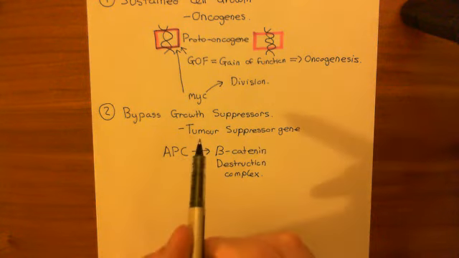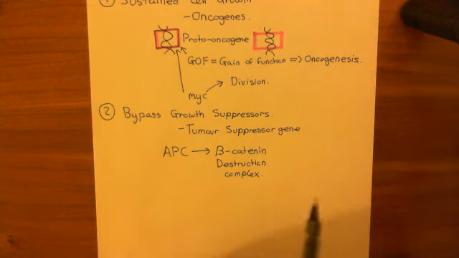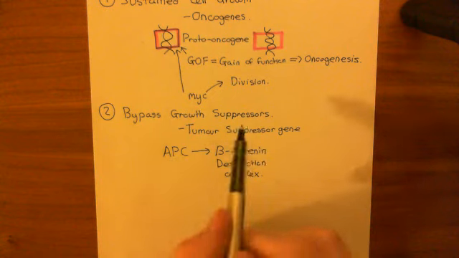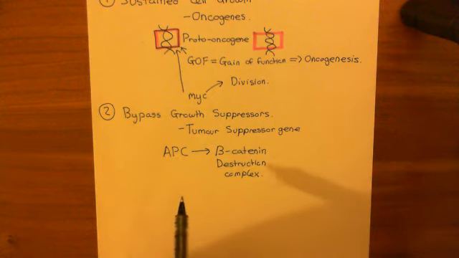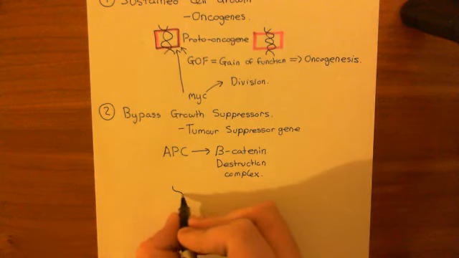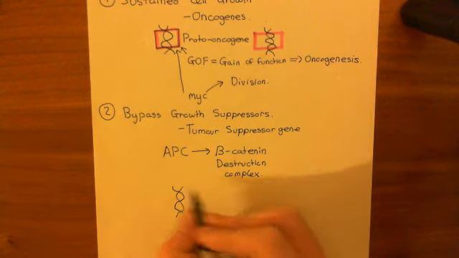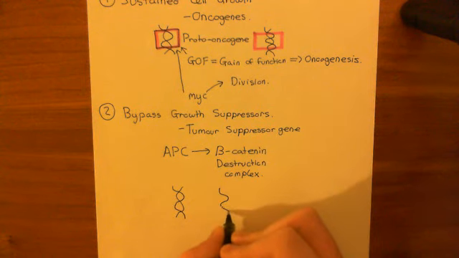So in order to get over division, i.e. in order to cause oncogenesis, what you need is to lose function of these tumor suppressor genes. Now, again, you have two genes for these tumor suppressors, of which APC is an example. So here are your two copies of the tumor suppressor gene.